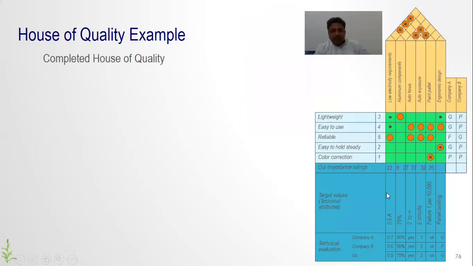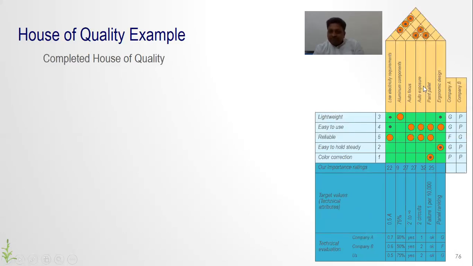Here is a full list, a completed house of quality. Partially, you might not have an understanding, but here you can see the full picture. Here the customer requirements: lightweight, easy to use, reliable, easy to hold steady, and color correction.